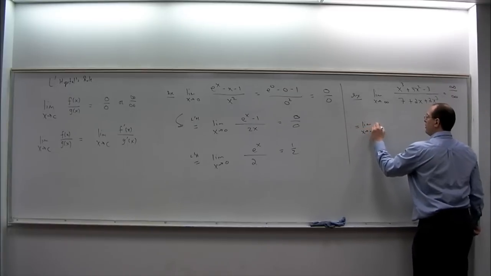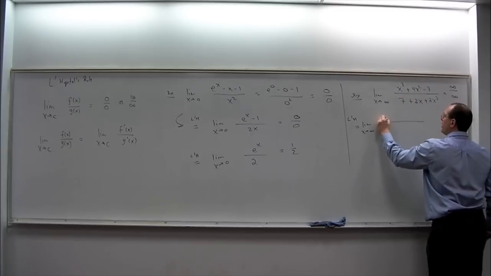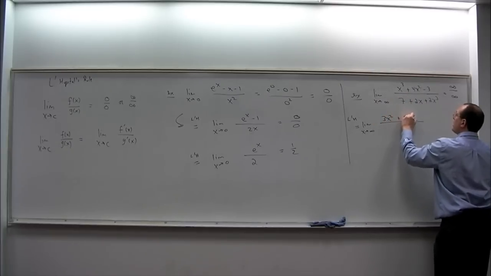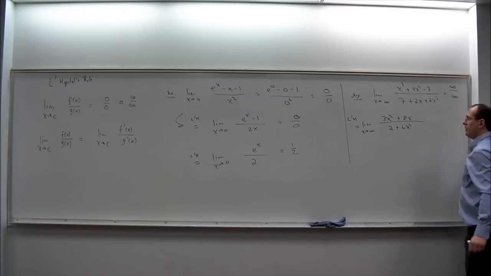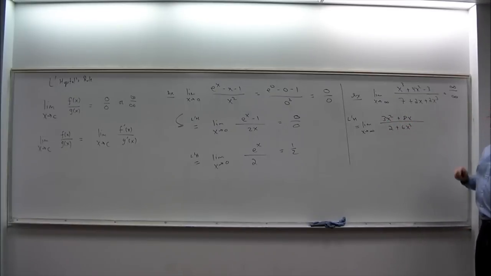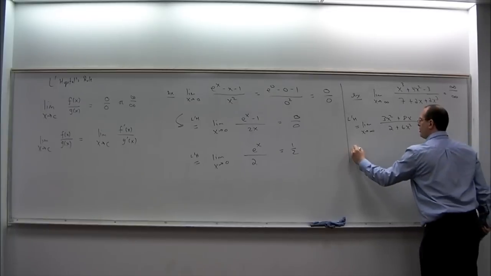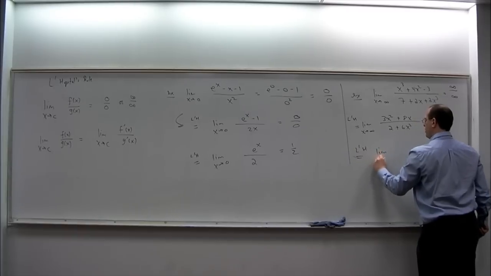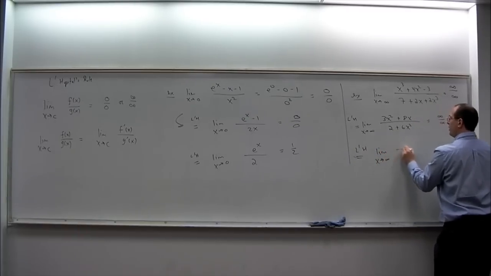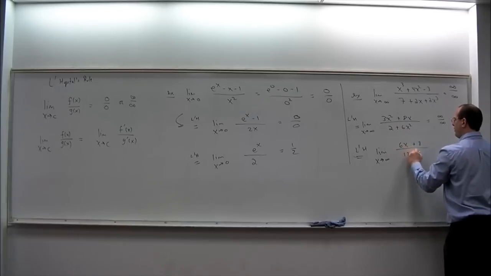And so we can use L'Hopital's rule, take the derivative of the numerator, 3x squared plus 8x, divided by 2 plus 6x squared. It's still infinity over infinity. We do L'Hopital's rule again. Limit x to infinity, 6x plus 8 divided by 12x.